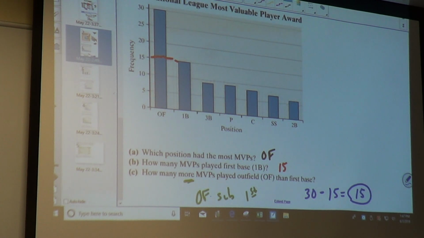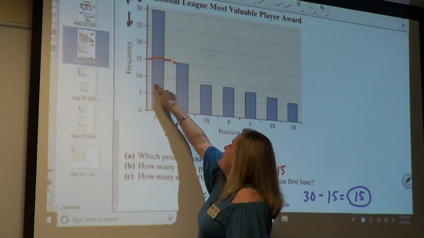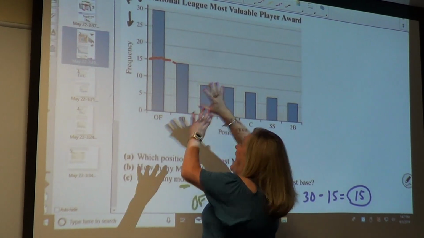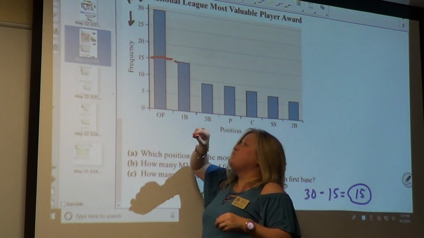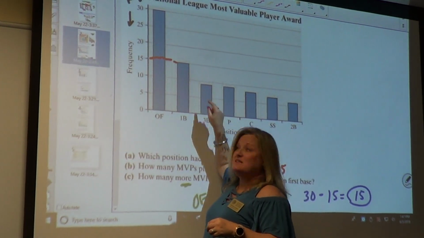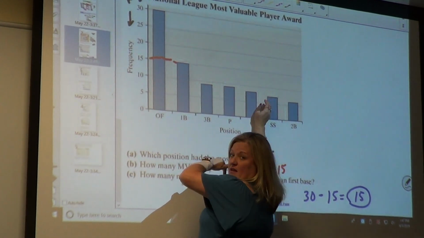Now, notice that when you're doing this one, on this side there is frequency, because sometimes it'll be frequency and sometimes it'll be relative frequency. This is telling you that there are 9 people out of everybody that said third base. If we wanted to know what percent said third base, we would do 9 out of everybody.